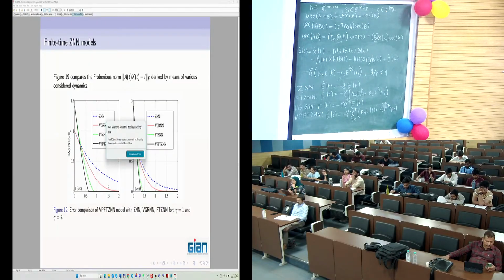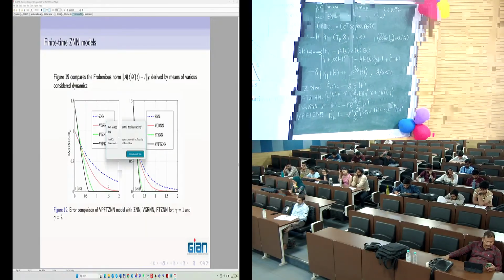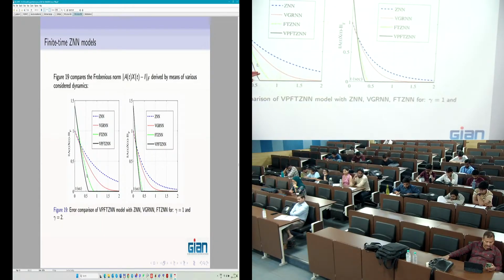It is the red line, still quick, but goes to 0 after infinite time. And two considered. Green is the well known, previously published finite time ZNN, and two terms, scalar parameter power p of the error function plus a new scalar parameter power 1 by p of the error function.